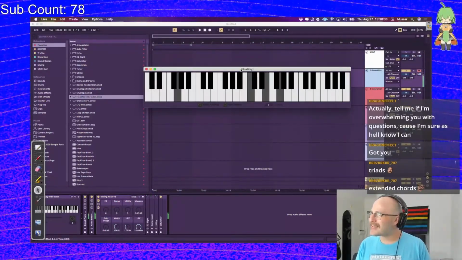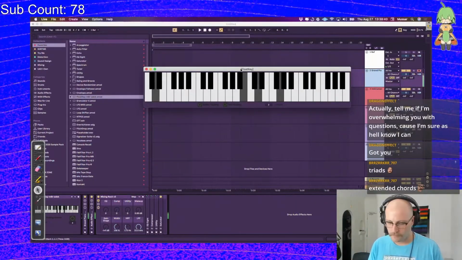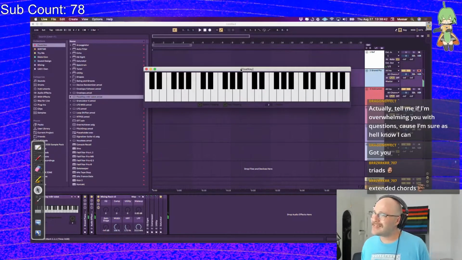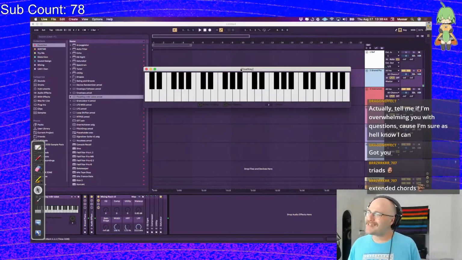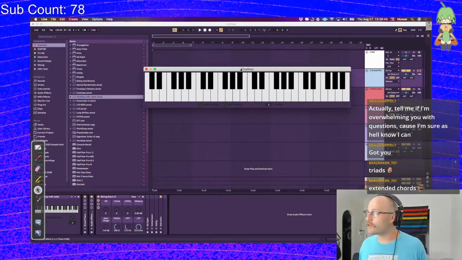This, the second inversion, even if we're down here, is the most unstable of the inversions.